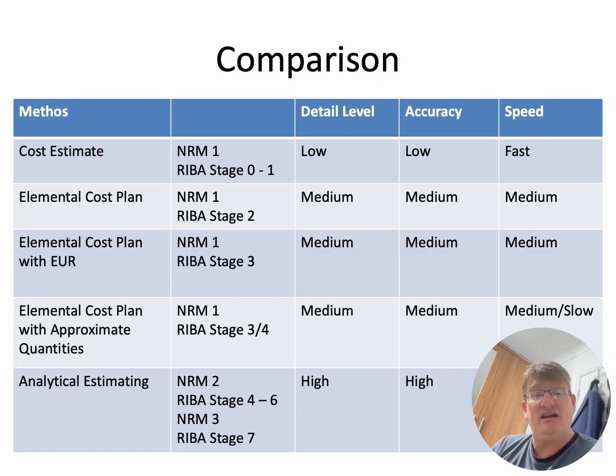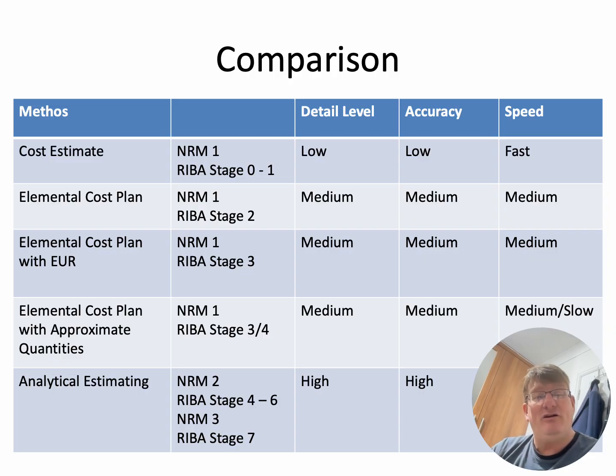And what I've done there is a comparison table, so there's a summarization of everything. I've got "mythos", I think it means methods, sorry, methods. Cost estimate, what stages you would do it at, detail level: low, medium, and high; accuracy: low, medium, and high; and obviously speed, because speed means money.